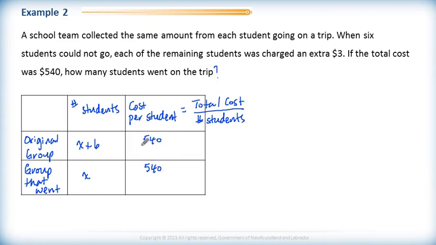The number of students in the original group, though, was X plus 6. They were paying less per student because there were more of them. In the group that actually went, though, they had to be charged extra money, so their shares were calculated as 540 divided by X, whatever X turns out to be. They paid more per share in this case.